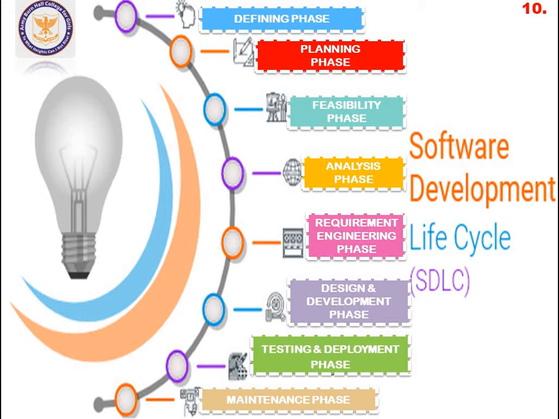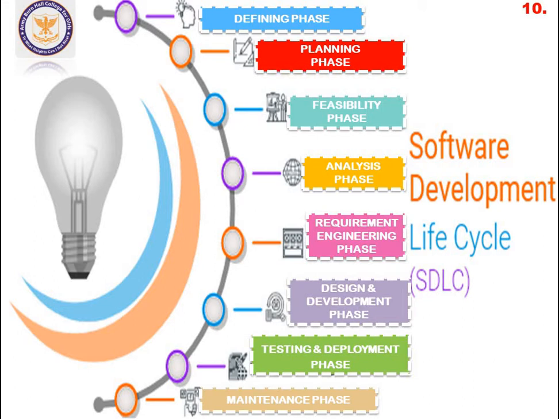They would try to analyze the deficiencies existing in that already installed system. They would try to catch those deficiencies and those gaps. Then, especially the system analyst and the project manager would try to develop new specifications for the newly proposed system or software.